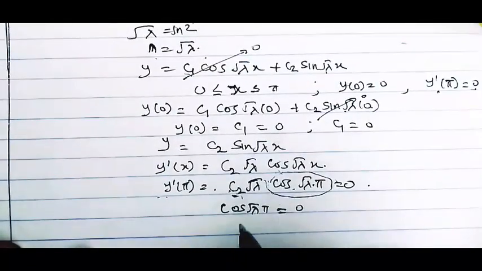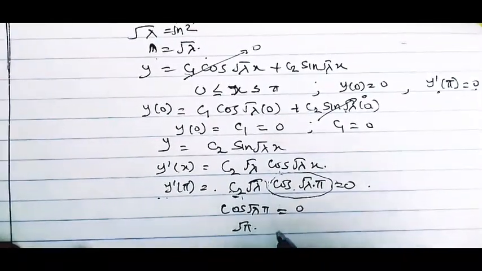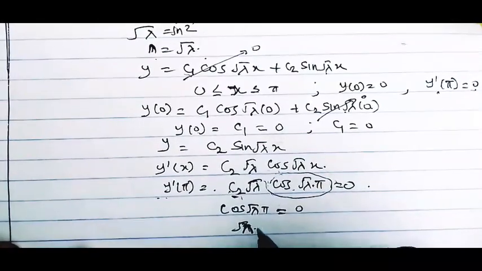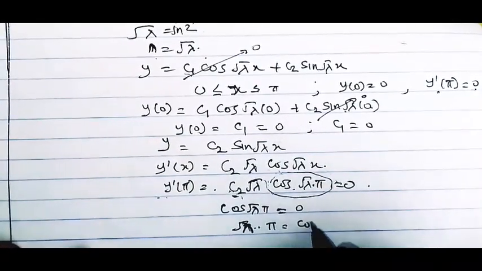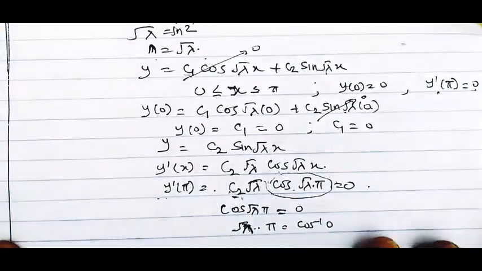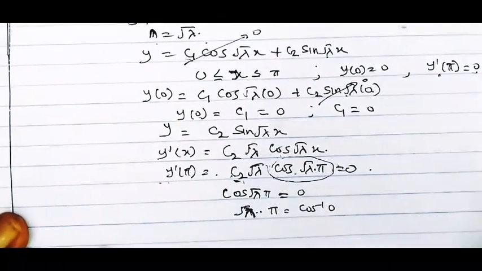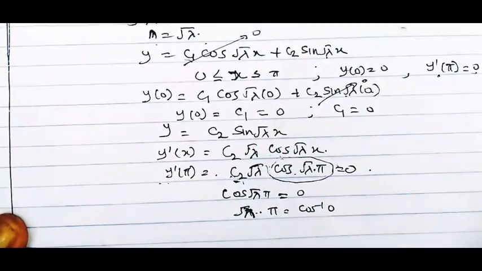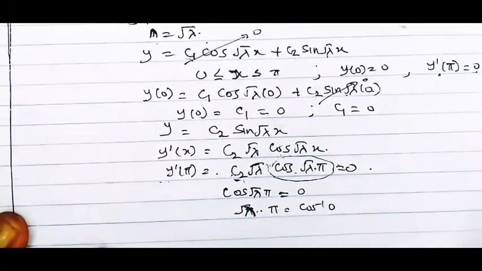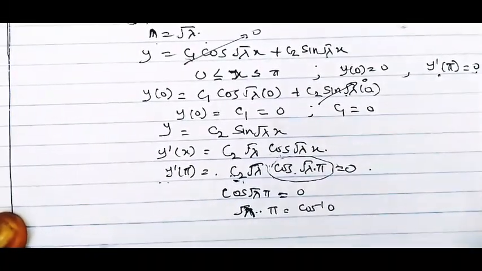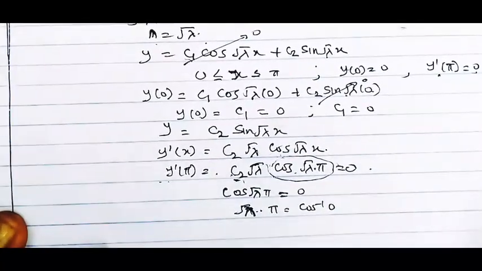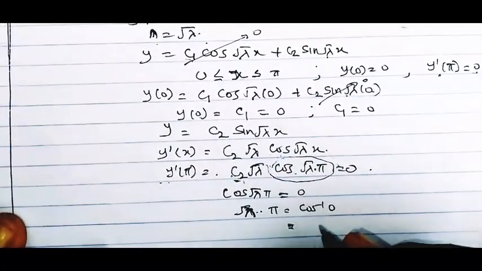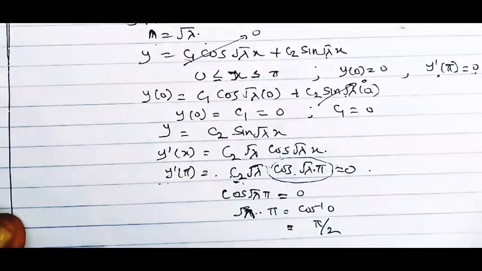So root lambda times pi equals cos inverse of 0. Cos inverse of 0 is 90. That's not actually the only value that can make cos 0, but technically, when you punch your calculator, you just have 90 degrees. So 90 degrees is expressed as pi over 2.